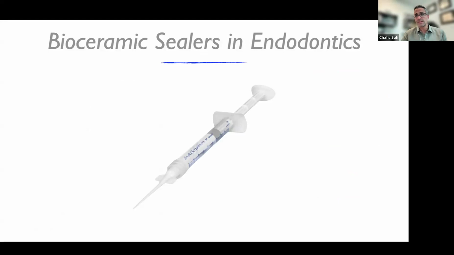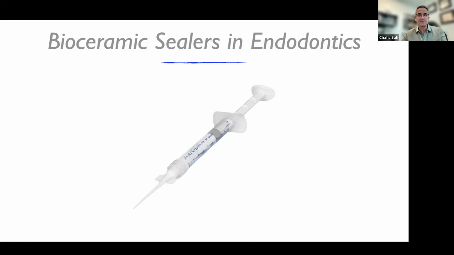Bioceramic sealers in endodontics today are taking a huge expansion. Every company is trying to create its own bioceramic sealer. The most traditional one, the one that set off this race in bioceramic sealers, is the EndoSequence BC Sealer, which was introduced, I believe, around 2009 or 2010.